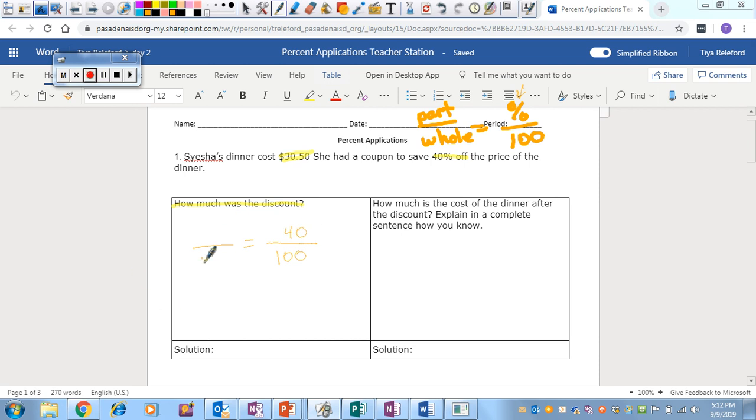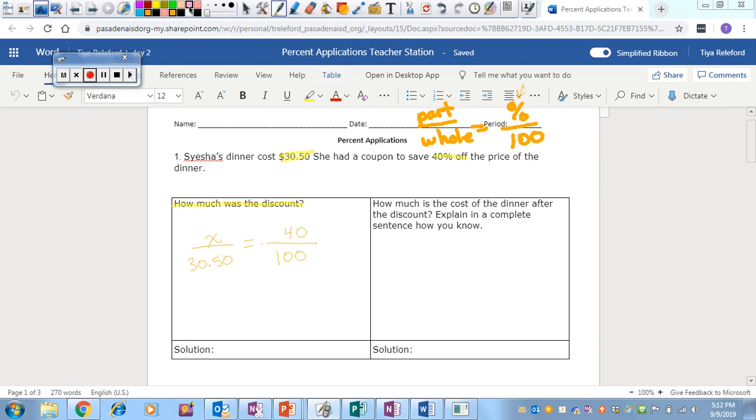On the other side, you have $30.50. Is it going to go on top or bottom? You have to decide. Is it the original? Is it 100% of the cost, or is the $30.50 40% of the cost? It's the original, right?